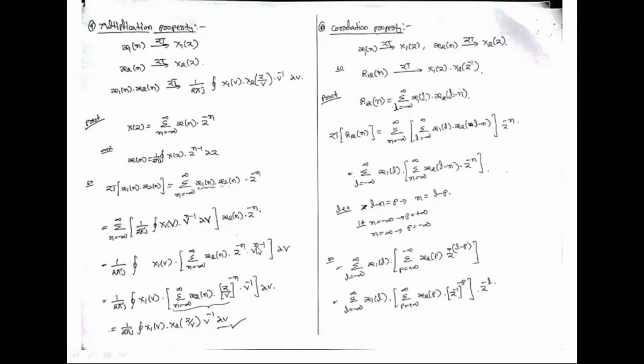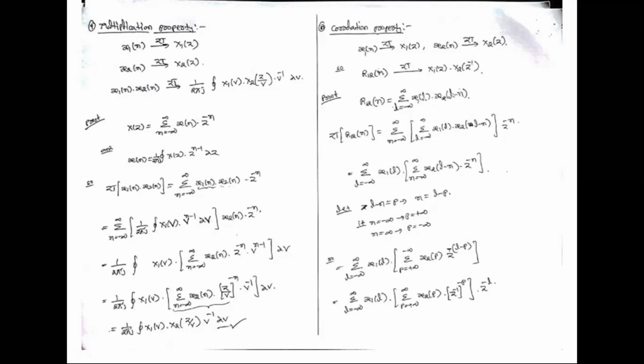Write this v power n minus 1 as v power n times v power minus 1, and take v power n as the denominator with z power minus n: z by v, taking the common minus n, and v power minus 1. So the sum of n from minus infinity to infinity, x2 of n, the z by v whole power minus n, is the definition of the scaling property.